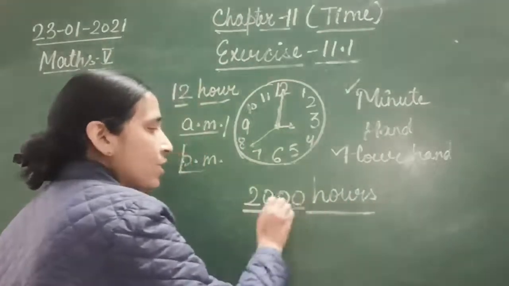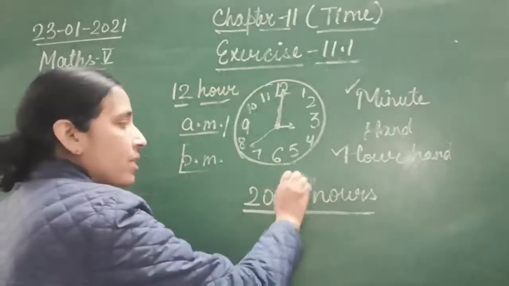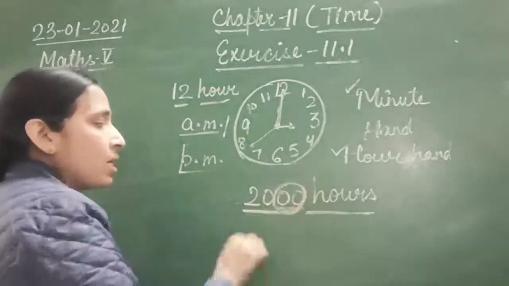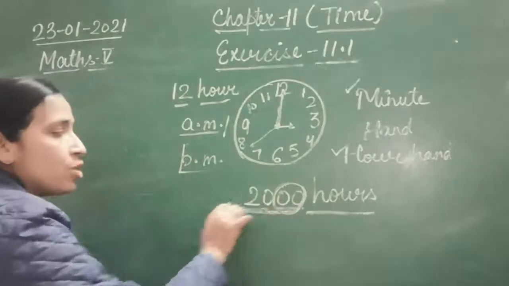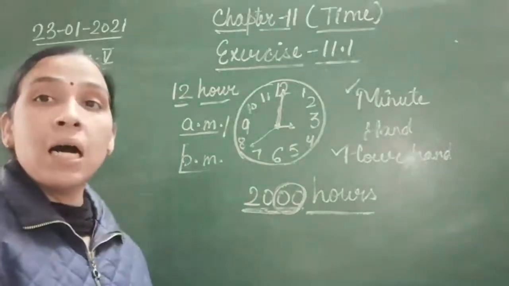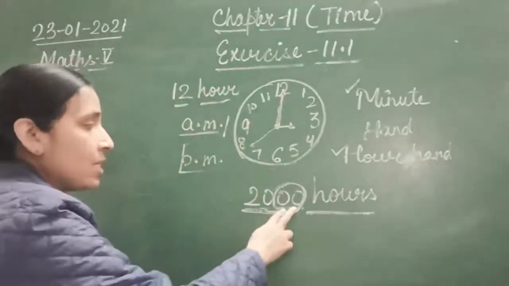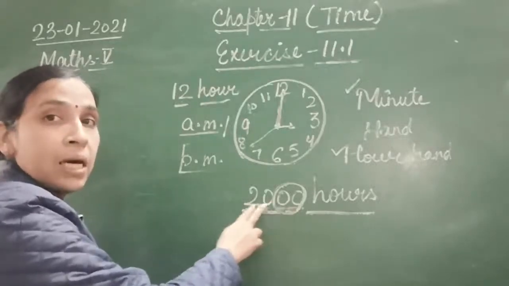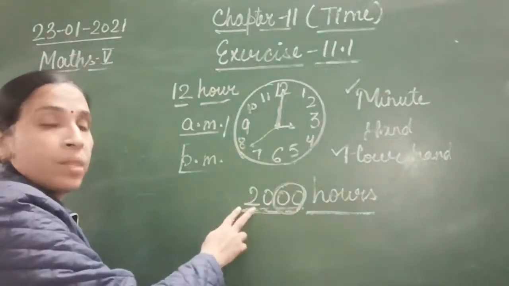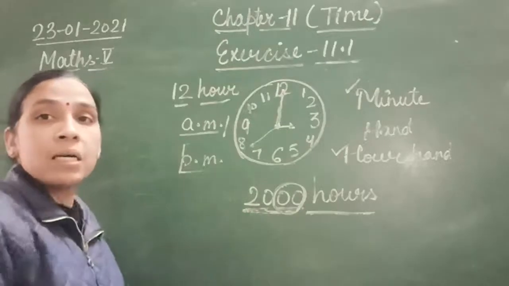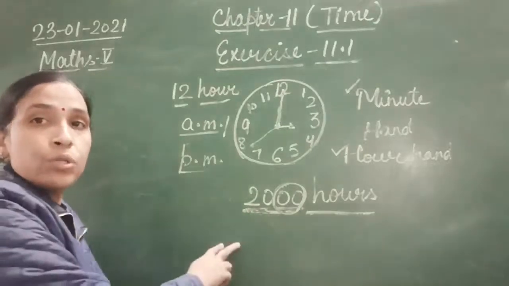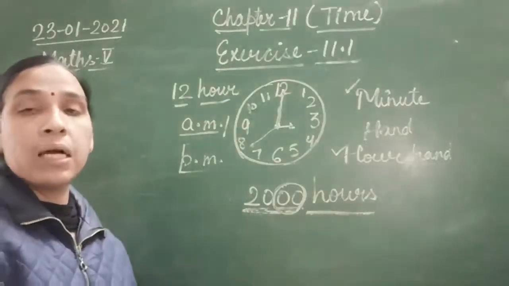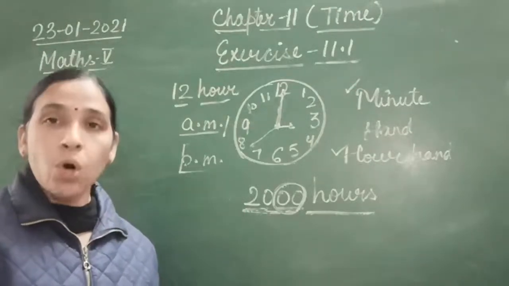The last two places stand for minutes, and the first two places represent the hours. So you will also remember how to write a time in 24-hour format.